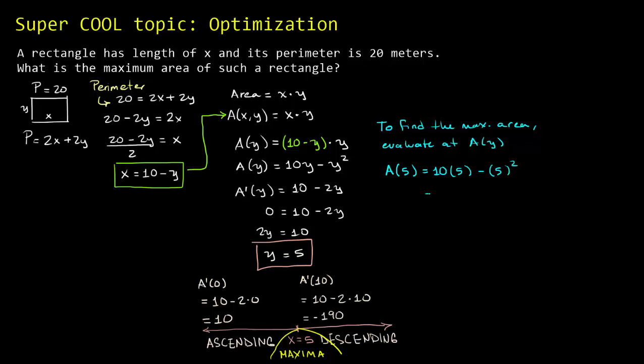So 50 minus 5 squared, which is 25, and at the end we get 25. This 25 would be the maximum possible area. I'm going to write it with the proper units: maximum 25 meters squared.